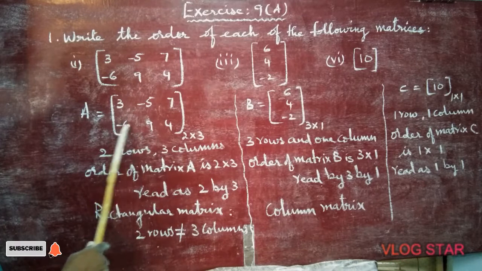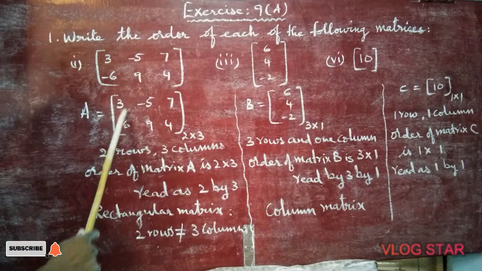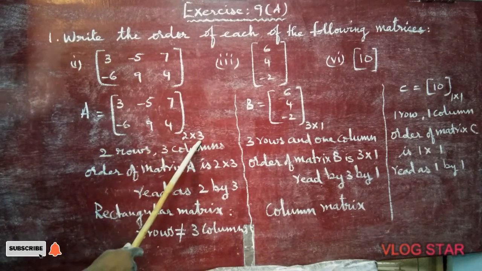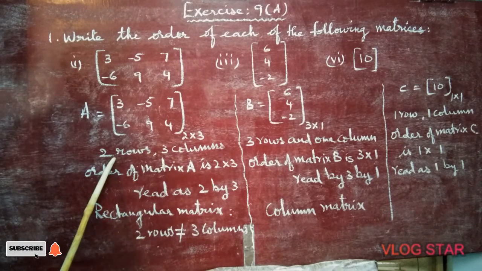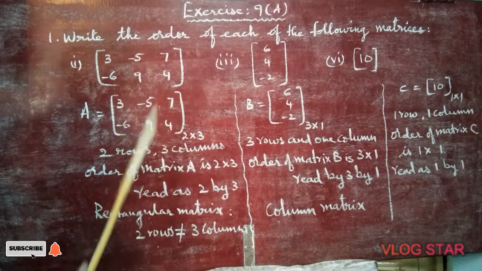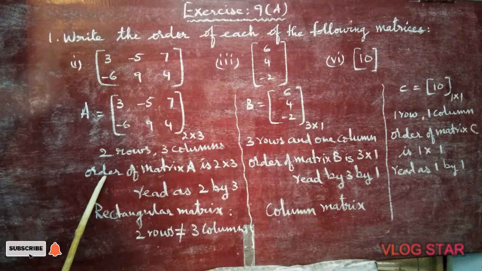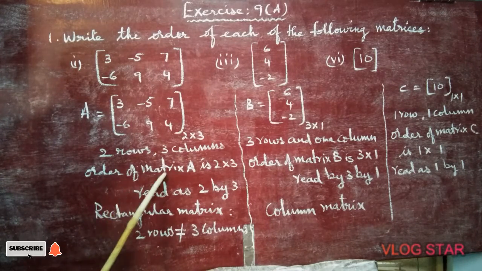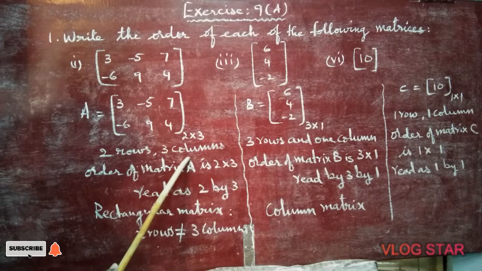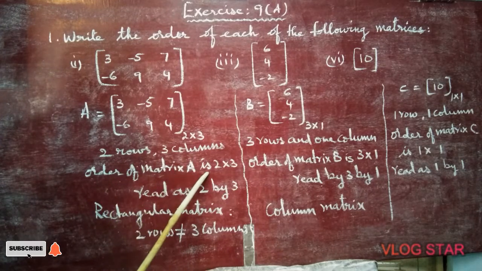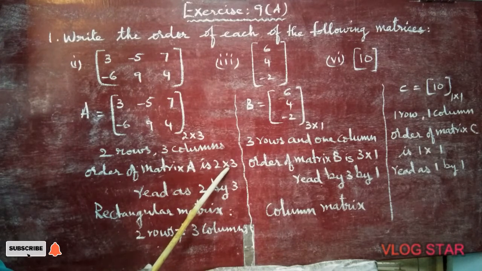How many rows are there? 2 rows. How many columns? 3 columns. So, 2 rows, 3 columns. They are asking to find the order of matrix A. So, the order of matrix A is 2 by 3.